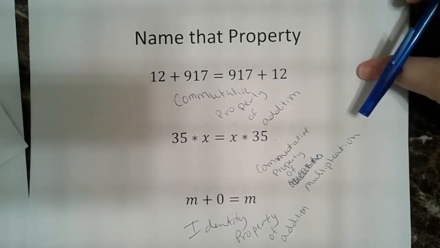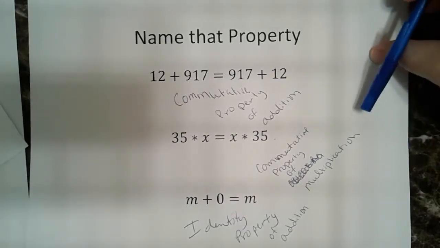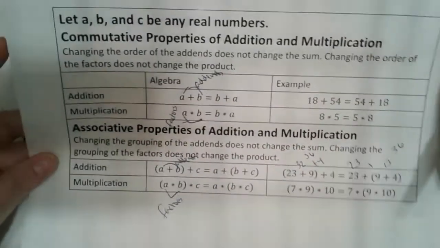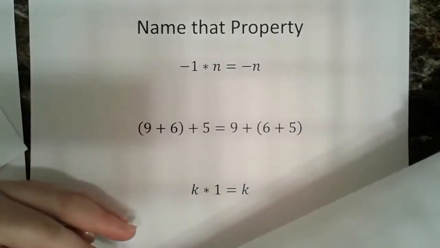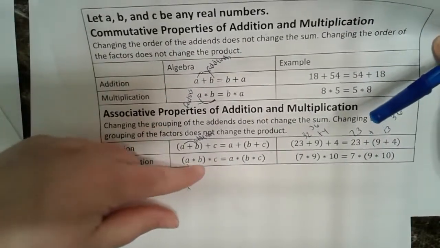All right, so let's take a look at another one. Again, we're still playing Name That Property. Well, we have -1 times n equals -n. Nothing's really changed, so that takes out the commutative property. There's not 3 numbers, so that takes out the associative properties, because associative properties have to have at least 3 numbers.